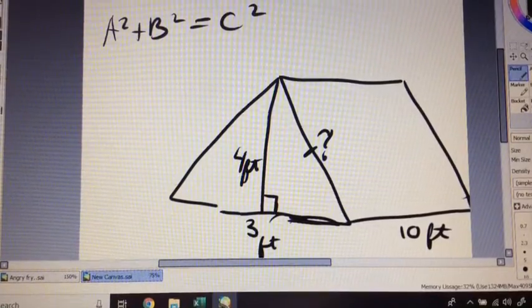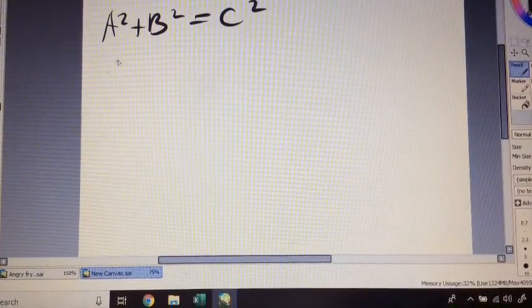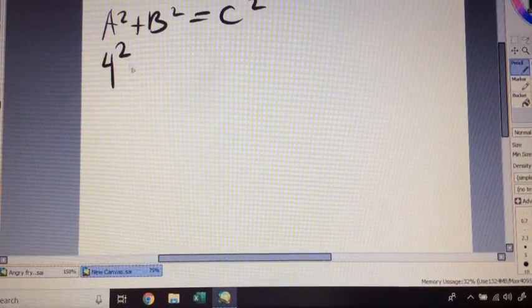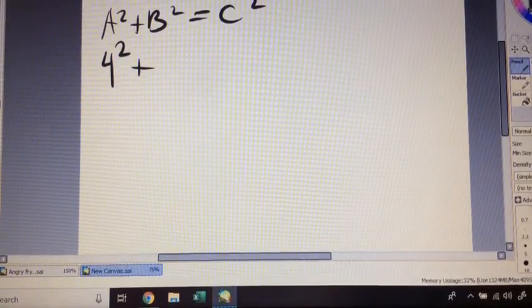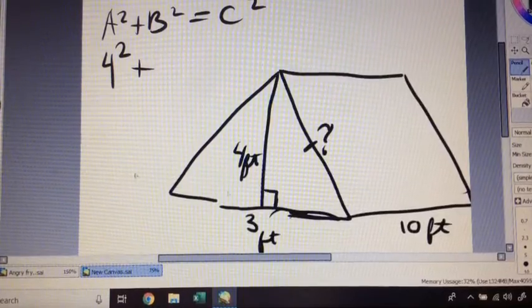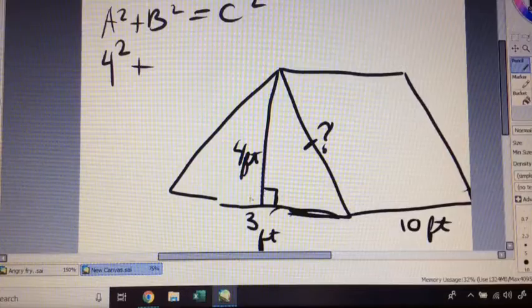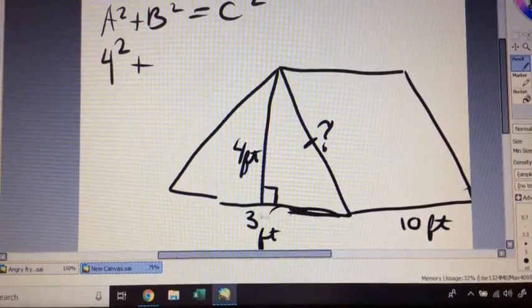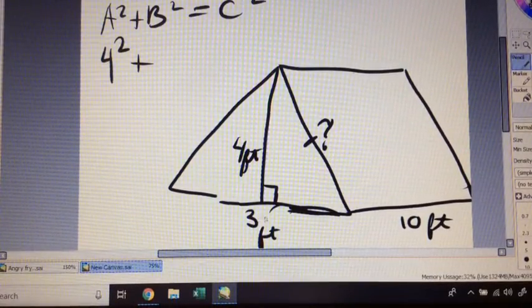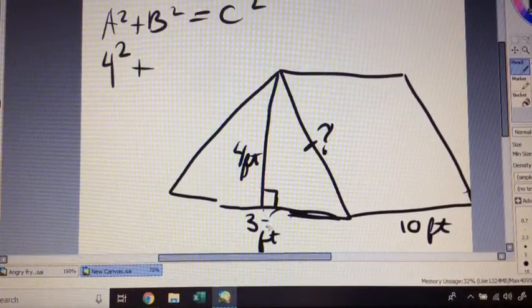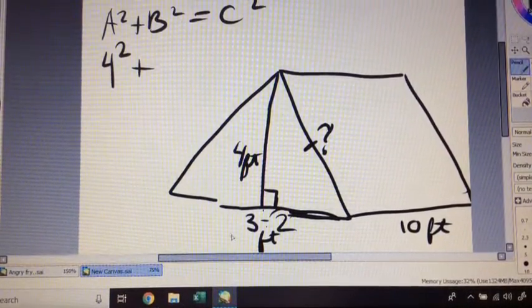And then c will be our hypotenuse. So let's do it. 4 squared plus, we're gonna use half of the triangle's base because it's only half of the triangle. So we're gonna divide it by 2.